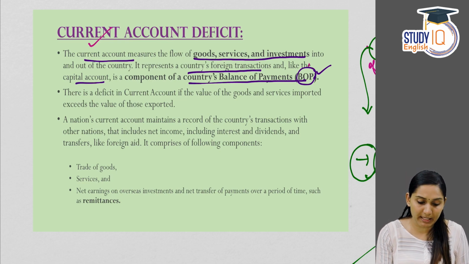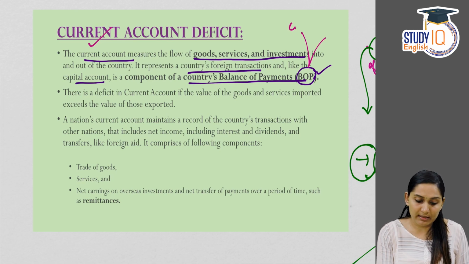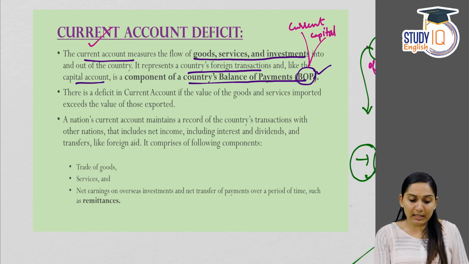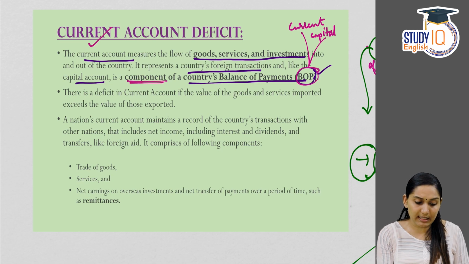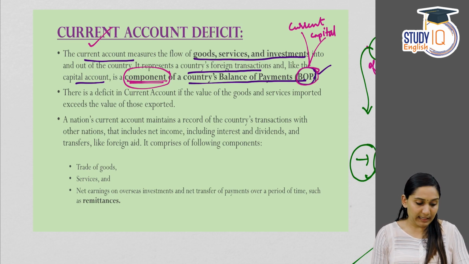And balance of payment is divided into two accounts. One is current account, another one is capital account. So current account is a component of balance of payment. Why? Because in balance of payment there are two components, current account and the capital account.